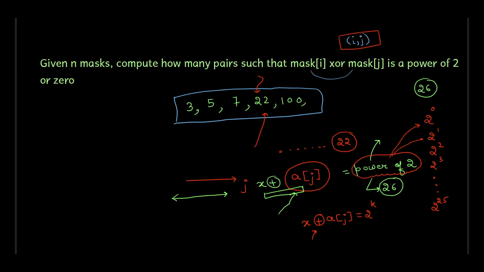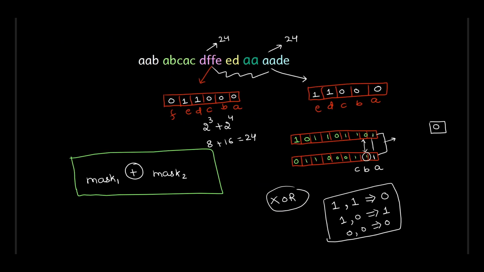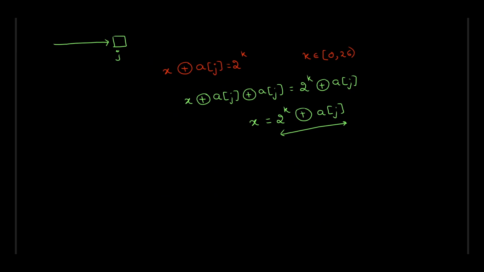So you can see that that very complex problem of finding the bit masks and palindromic pairs has been reduced down to just one simple query. That is, how many elements are there on the left hand side with this particular value z. Let's call this value z.